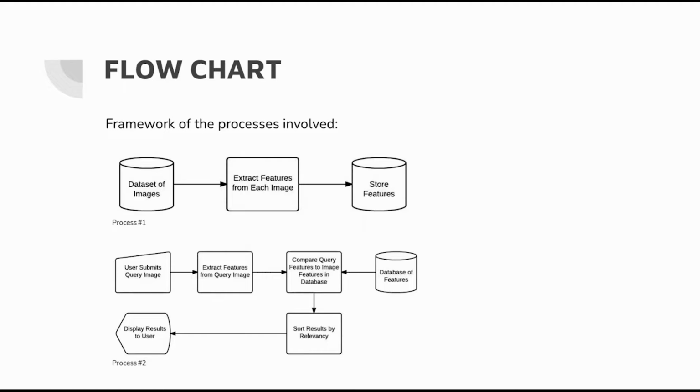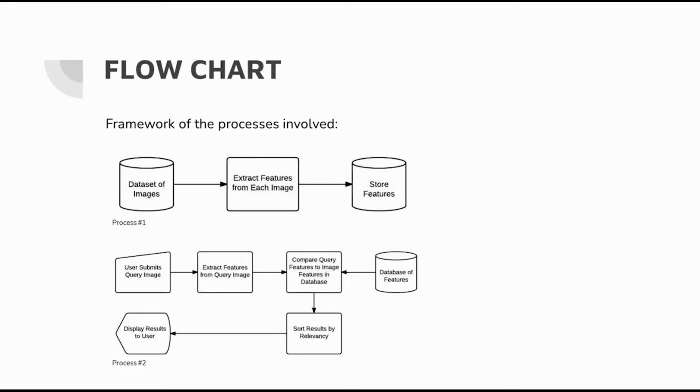Now, we basically have two processes involved in our overall project. In the first process, we are going to get the dataset of images and then extract the features from each image, and we're going to store the features in the form of a color histogram in one Excel sheet.